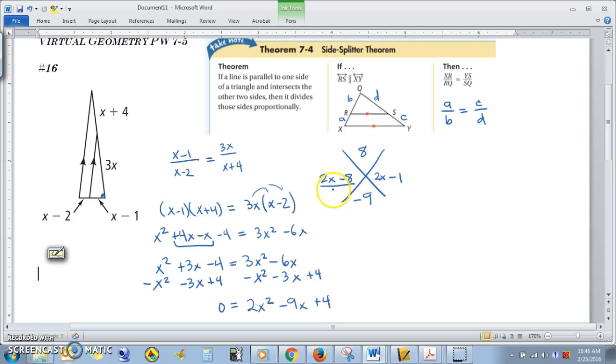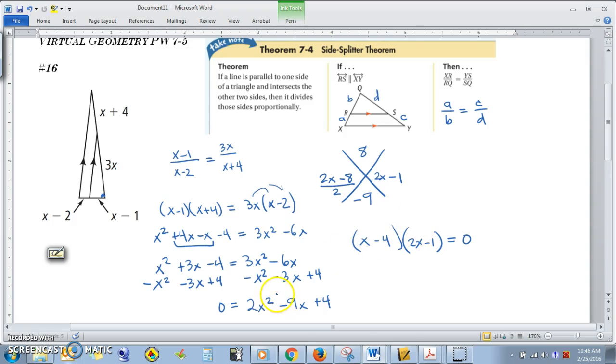And it looks like it's going to divide out here. So this should factor as 2x divided by 2 is just x, minus 8 divided by 2 is 4, and then 2x minus 1. Now that should equal 0. I can double check that I factored that right by doing FOIL.